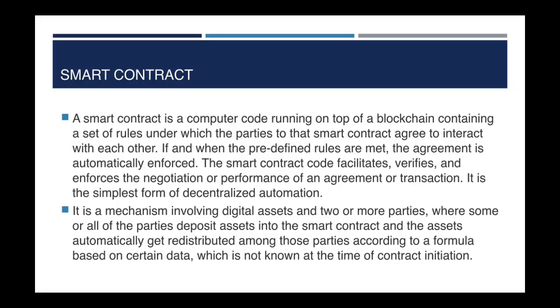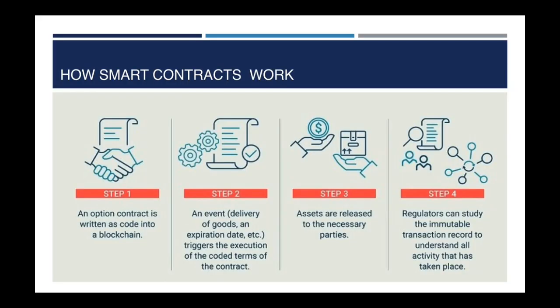Now that we understand the definition of a smart contract, let us understand how it works. This is a pictorial representation of how a smart contract works. In the first step, the smart contract is written as code into the blockchain network. In step 2, when a certain event occurs, the smart contract code will get automatically executed.